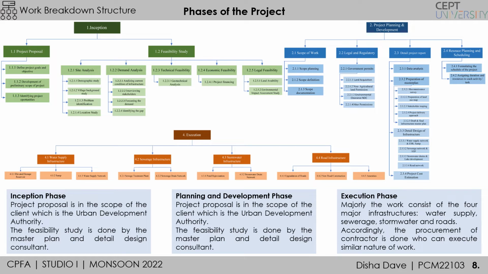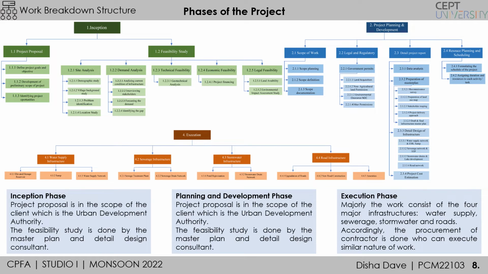Coming on to the stormwater infrastructure, the existing pond, which is not in good condition, is to be rejuvenated, and also the stormwater drain network is to be looked upon, as there are various changes in the elevation in the village, which causes waterlogging issues, and that is to be addressed.